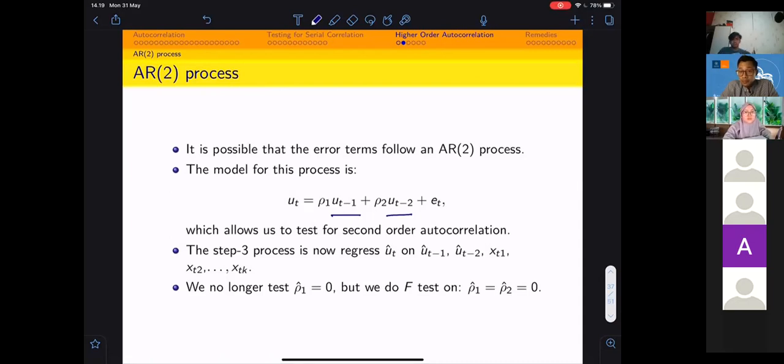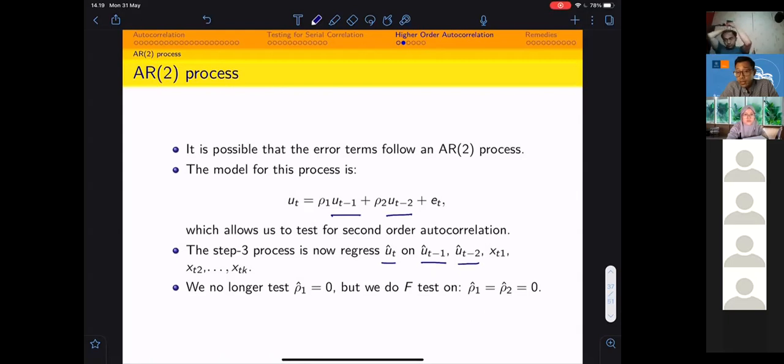So the steps in testing for an AR2 process are going to be quite similar. So it's going to be step 1, which is similar, step 2, which is also similar, but now in step 3, instead of just regressing the residual on the lag of the residual, you're going to also regress on the lag 2 of the residual.